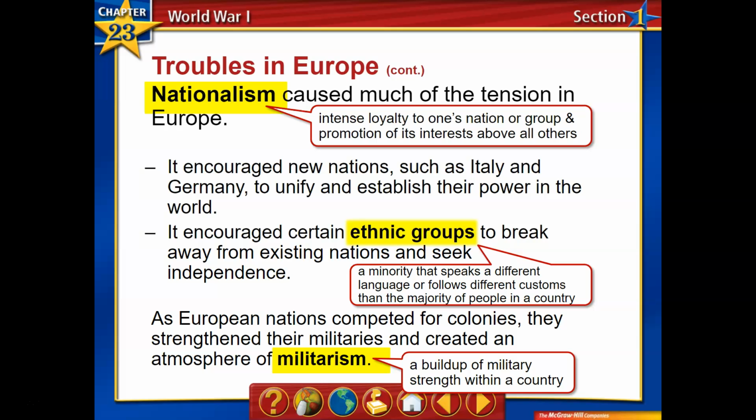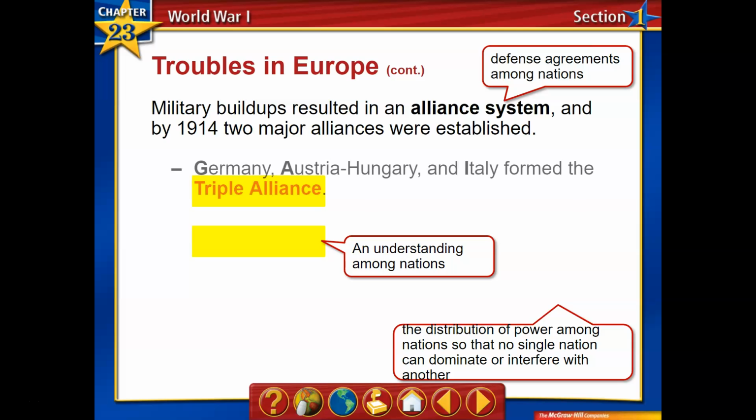Also thrown in here certainly is this idea that European nations, as they competed for colonies, started to strengthen their militaries and created an atmosphere that we would call militarism, which is the building up of your military strength within a country, and a lot of times takes away from other priorities and increases the importance of the military within your country.